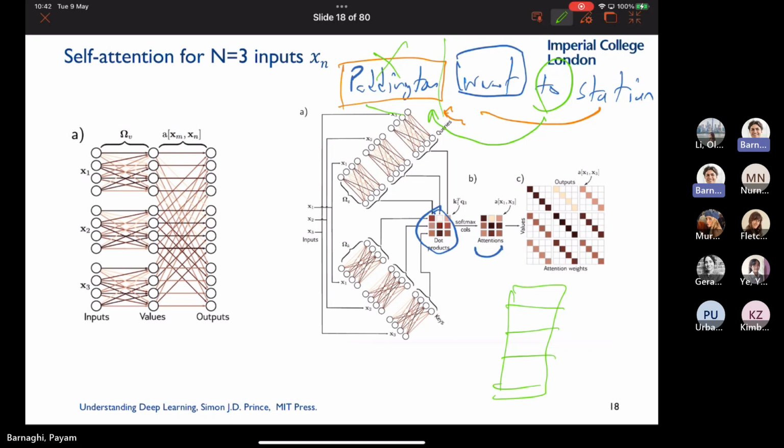And that is the attention, how much attention they paid. The next time you see station and bear, over time they will have higher attention to Paddington. It means whenever you see station and bear, if there's a masked word, you most probably will predict Paddington.